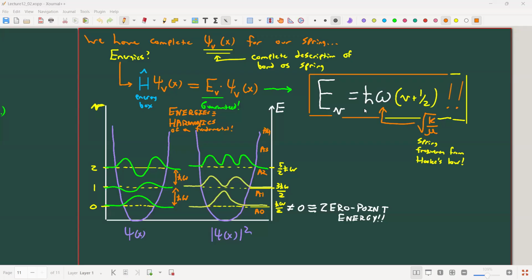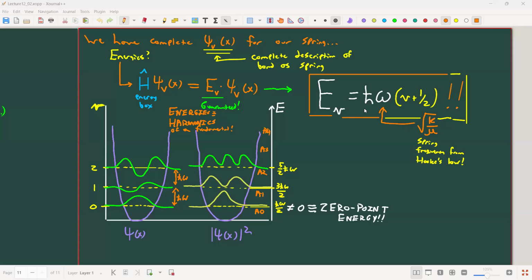It's a function of the force constant and the mass. Omega has units of frequency per second. H bar is joule seconds. So H bar omega is an energy. And so that energy H bar omega is quantized with a v plus 1/2, right? So we just put in a v, 0, 1, 2, 3, 4. And so the energy levels are spaced in such a way.